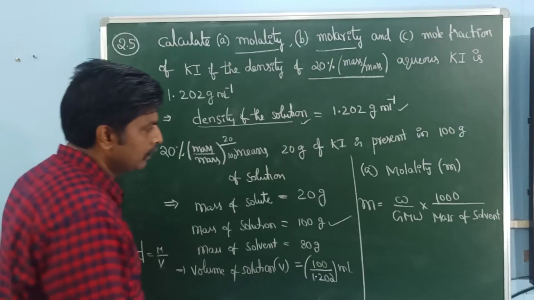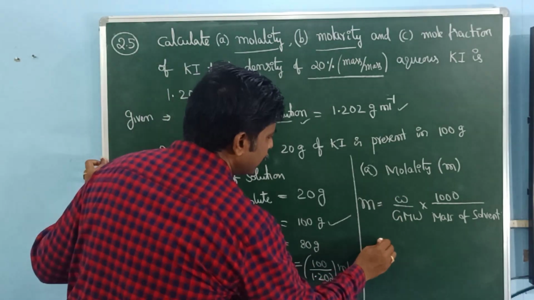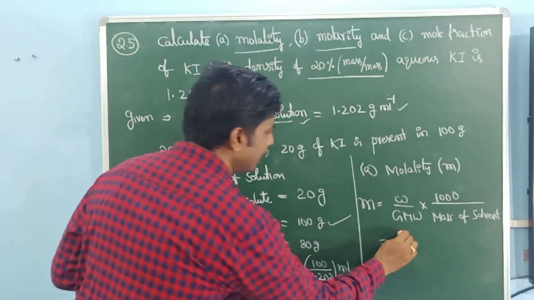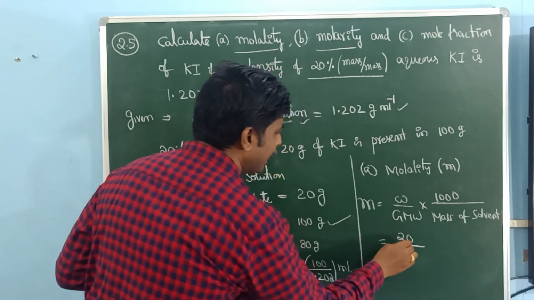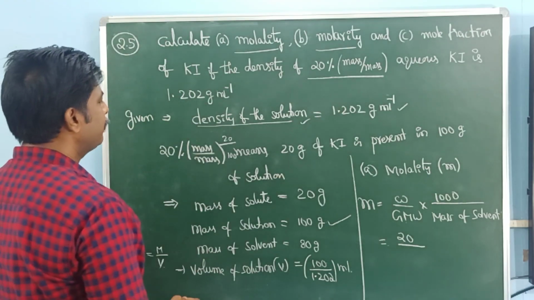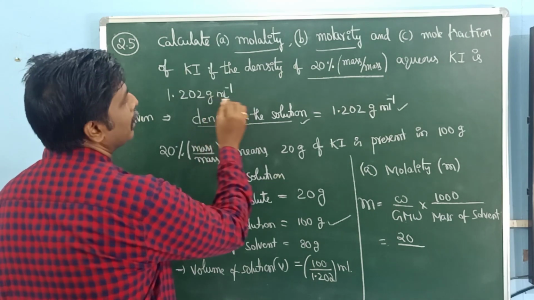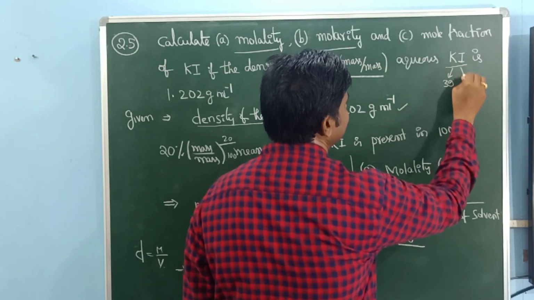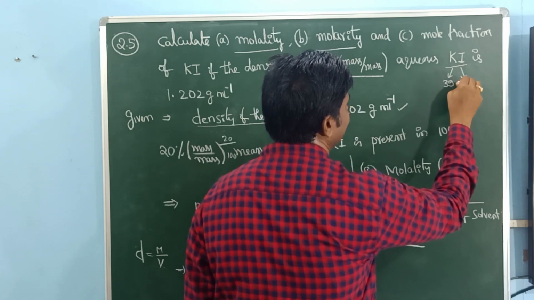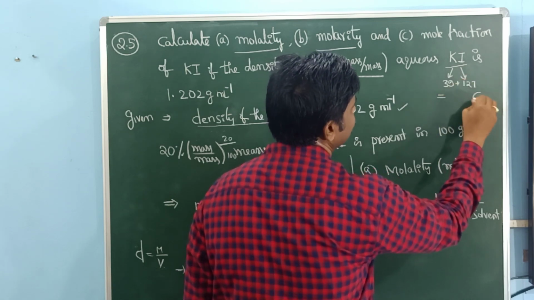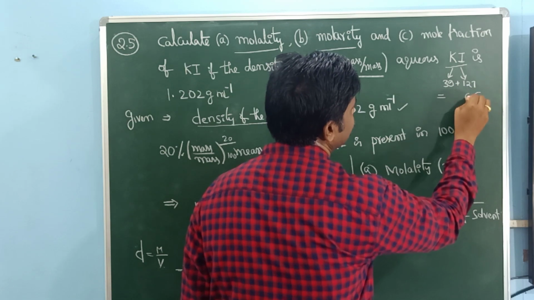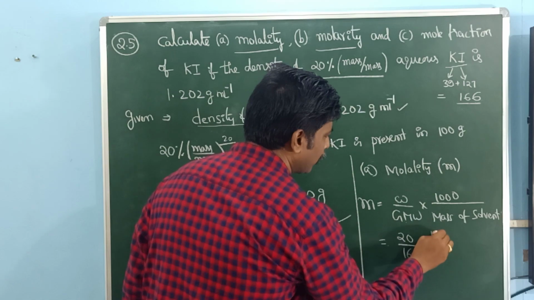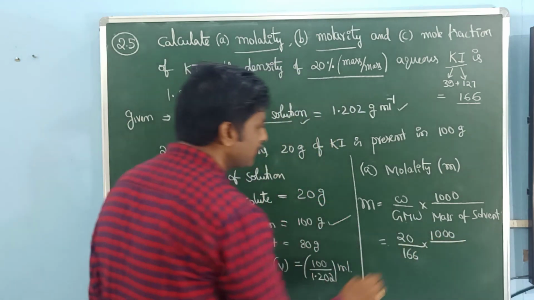W is the weight of solute, 20 grams, by GMW of KI, potassium iodide. Potassium is 39, iodine is 127. 39 plus 127 is 166. 20 by 166 into 1000 by mass of solvent.